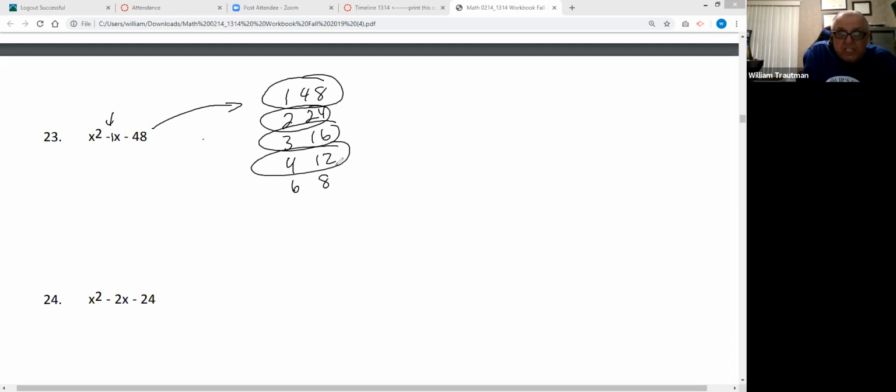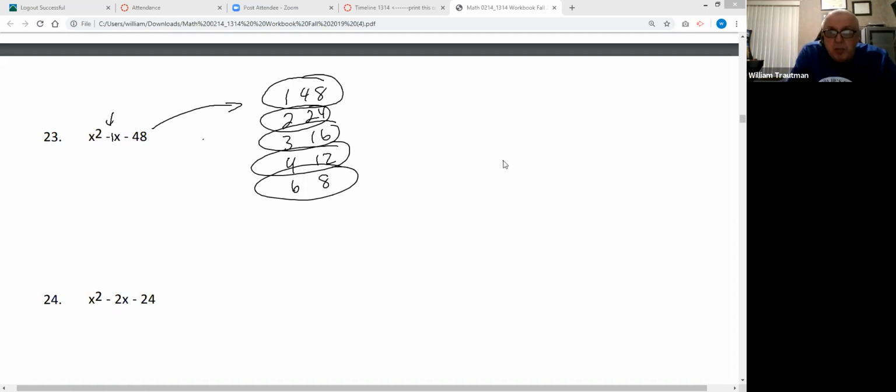I have to use one of these pairs to get a -1 when I add or subtract them. 4 minus 12 is a -8. 8 minus 6 is a -2. Is there any way to get a -1 out of one of these pairs when you add or subtract them? Do you see? I don't see it.